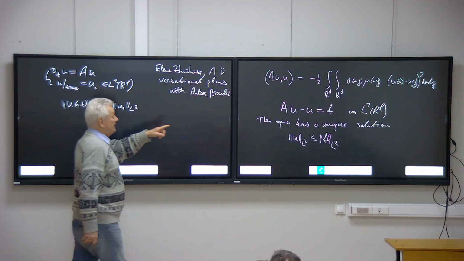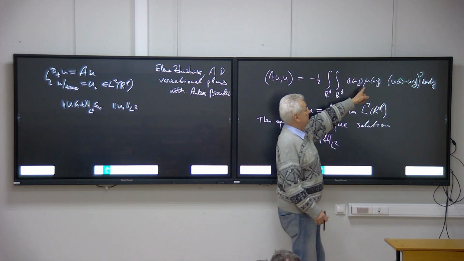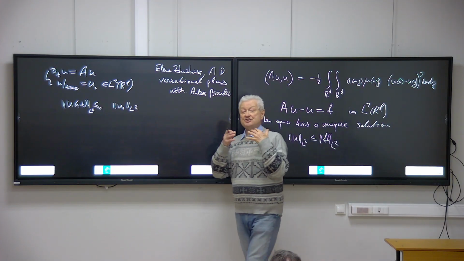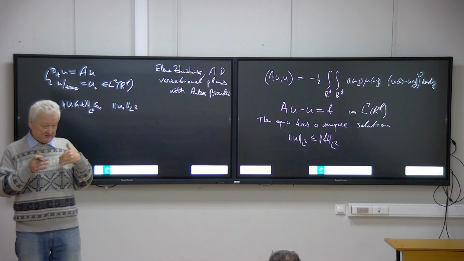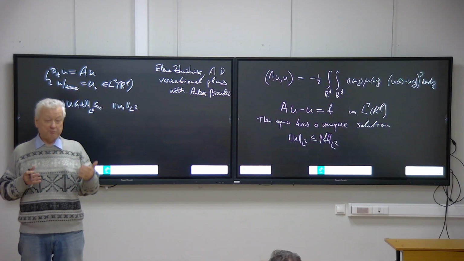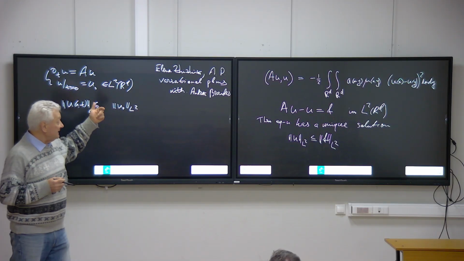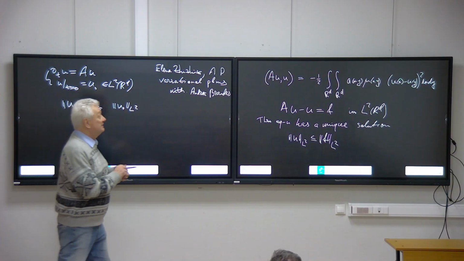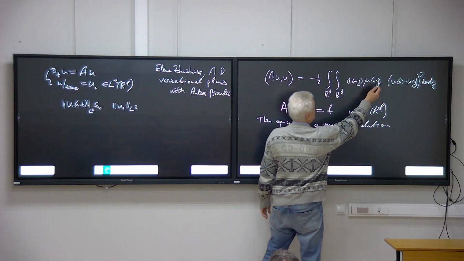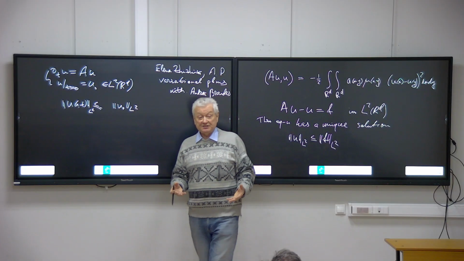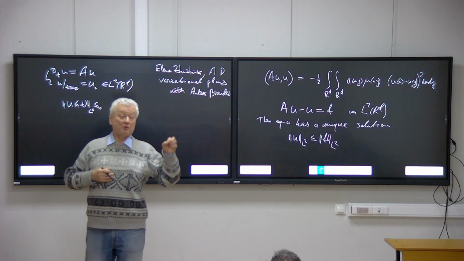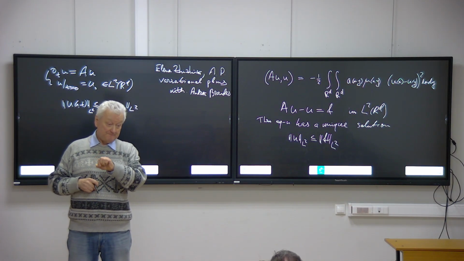But if we have this additional coefficient mu, then it's a generator of a Markov process, not with independent increments anymore, and the intensity of jumps is given by this normalized expression. So this product gives the intensity of jumps from point x to point y.